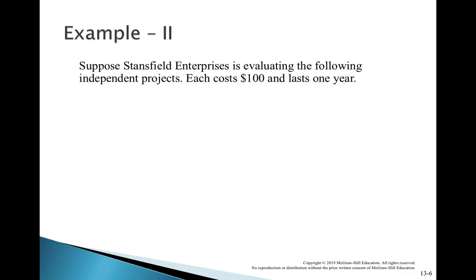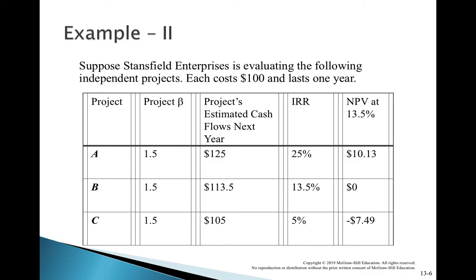Now, suppose Stansfield Enterprises is evaluating the following independent projects. Each costs $100 and lasts for 1 year. Project A, B, and C. All these projects have beta 1.5, as we have seen. The estimated cash flow after 1 year is 125 for A, 113.5 for B, and 105 for C. So the internal rate of return is 125 minus 100 divided by 100, equal to 25%.